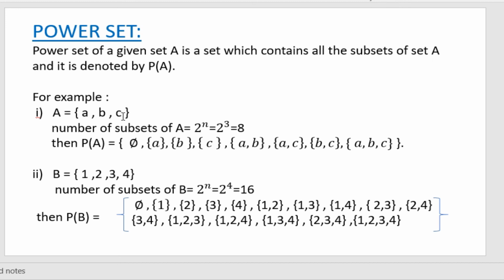It means the number of subsets of set A will be equal to 2 raised to the power n, equal to 2 raised to the power 3, and equal to 8. Now if we take all the subsets of set A and write them in one set, that becomes the power set of set A.